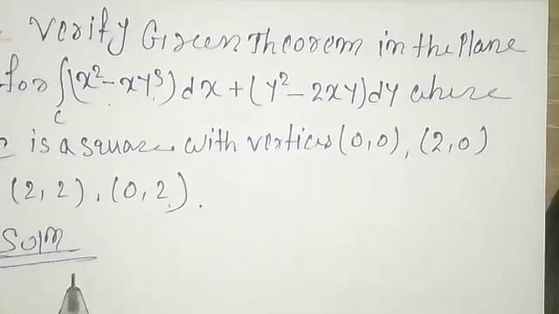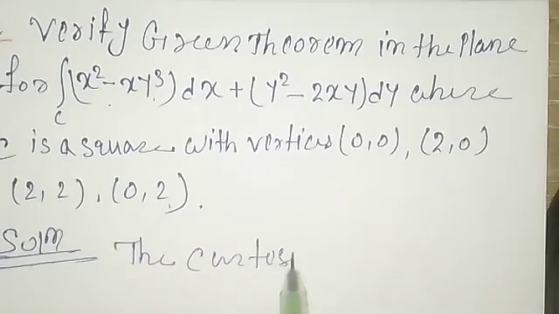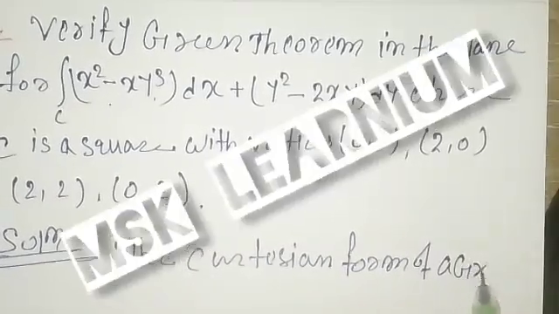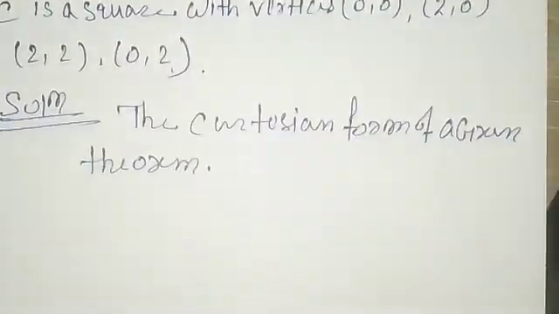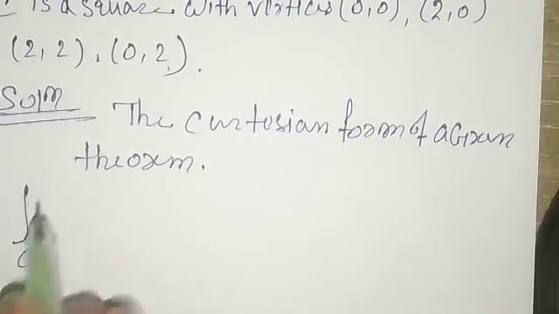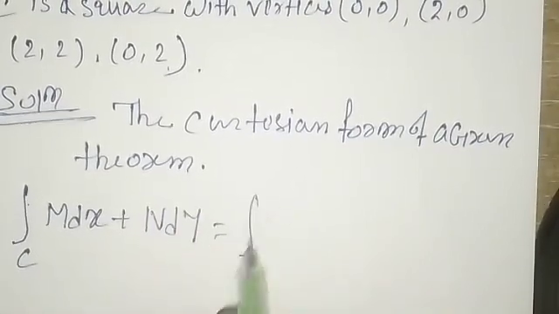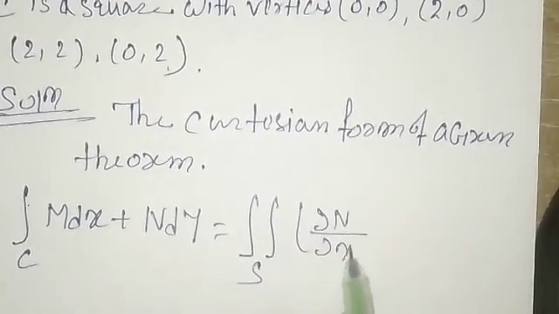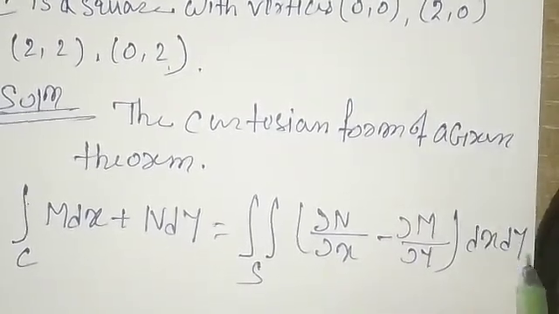The Cartesian form of Green's theorem is that the integral of M dx plus N dy is equal to the surface integral over the region of (dou N by dou x minus dou M by dou y) dx dy.